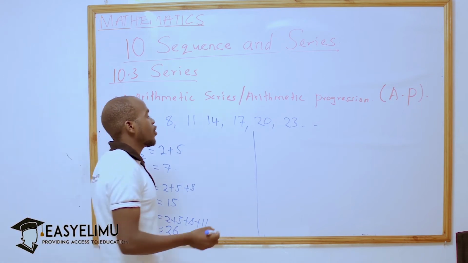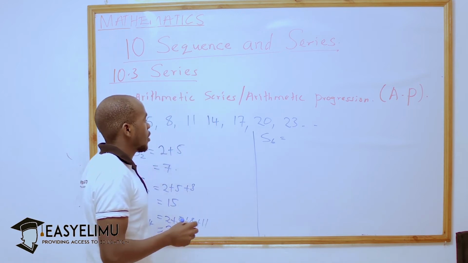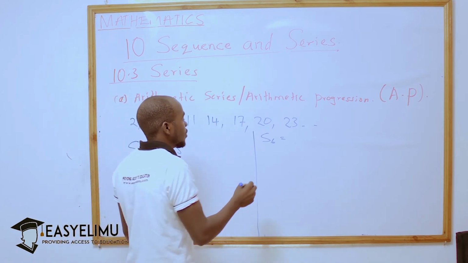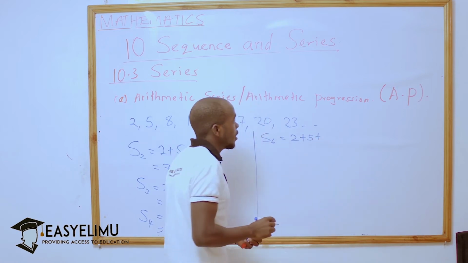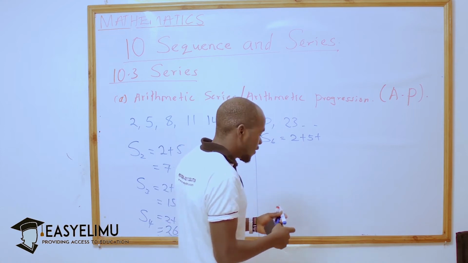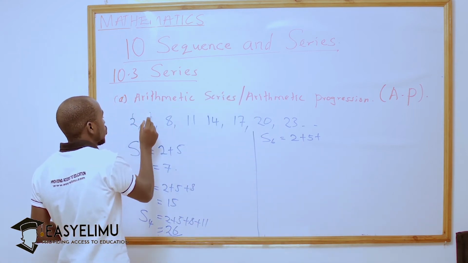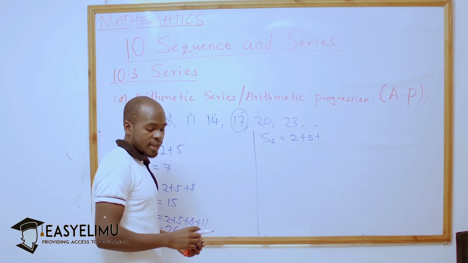So we can go on and find S6. Actually, let me write it up so that it helps us much more. For S6, we count 1, 2, 3, 4, 5, 6, so we shall end at 17.